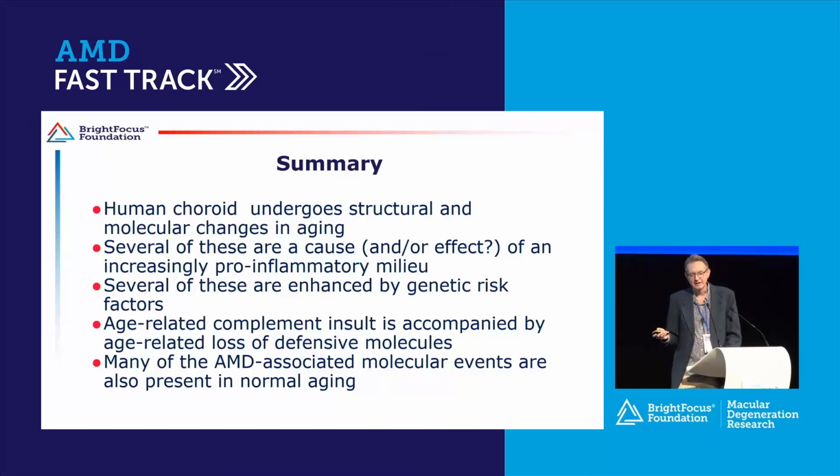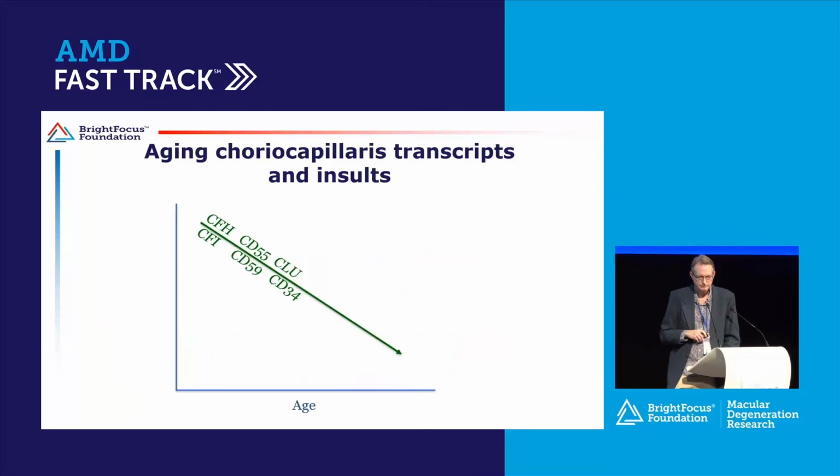So high-risk genotypes drive some of these changes. We see age-related complement insult along with age-related loss of anti-complement defenses. And again, aging and AMD are really quite similar. I wish we're still looking for the magic bullet to disentangle those. So just in sort of graph format, we see loss of factor H, CD55, clusterin, other inhibitors of complement at the same time that the MAC and ICAM1 and CRP and oxidative stress are going up.